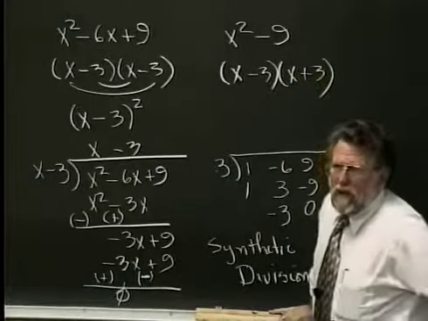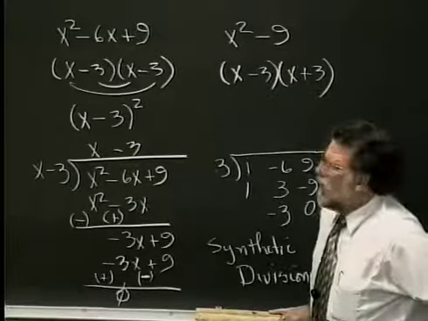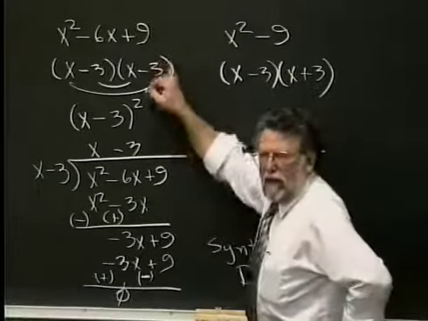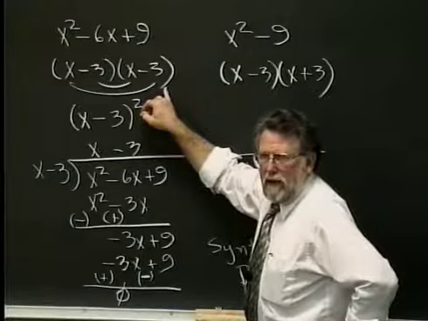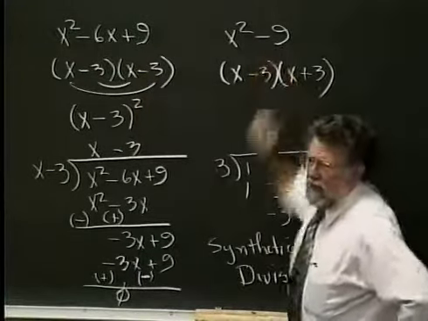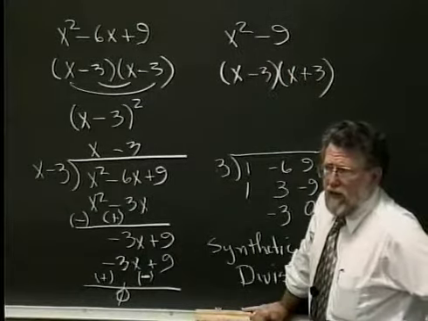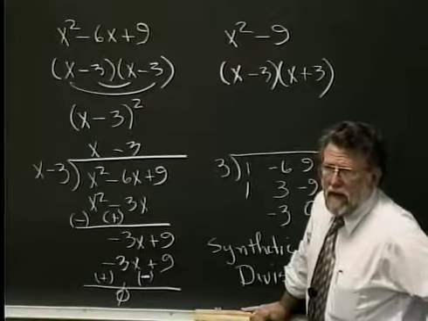So we work backwards from memory. There is no shortcut for it. If you know the trinomial perfect square, then you should be able to, seeing the trinomial perfect square, get the factors. If you recognize the difference of 2 squares, you should be able to work backwards and get the factors. And we call that factoring.